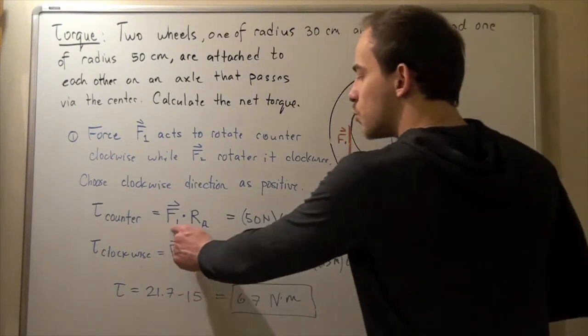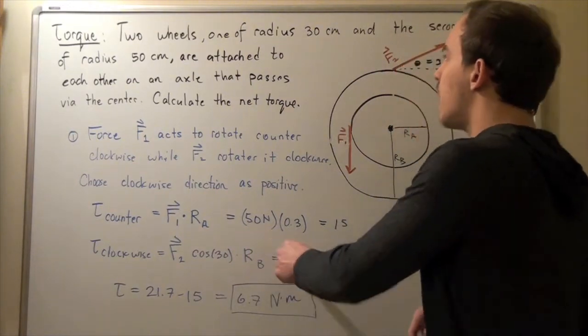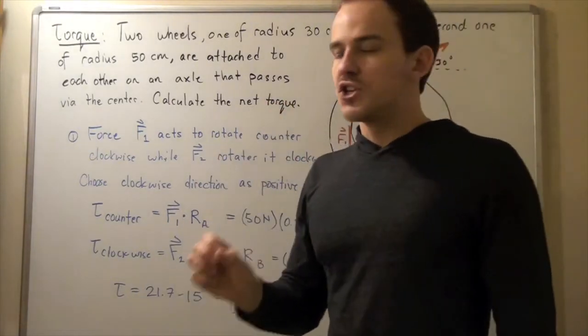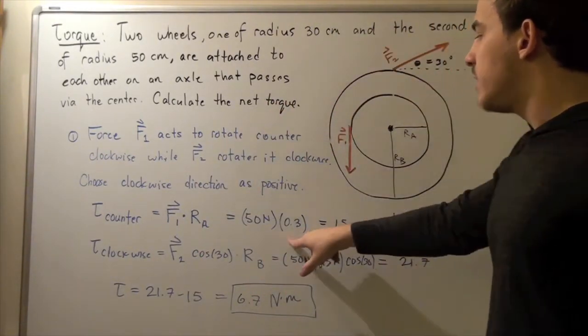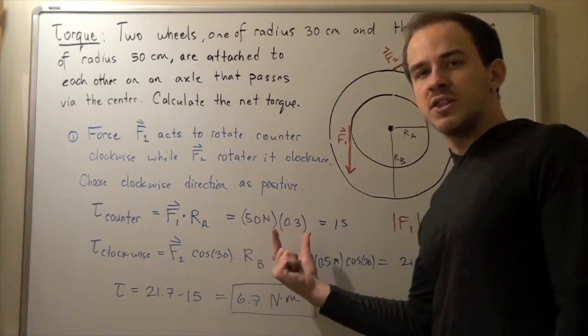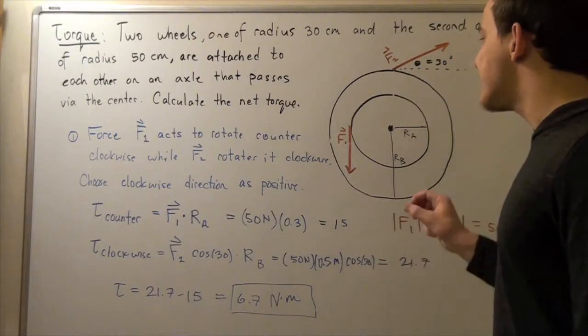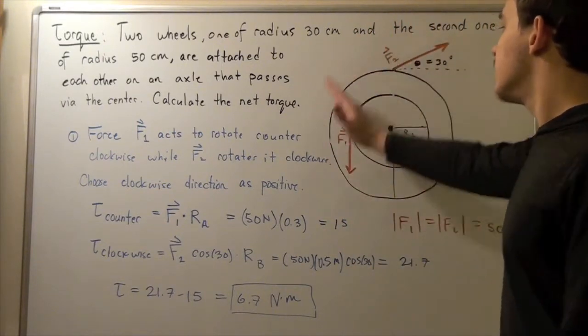So force 1 multiplied by the lever arm equals 50 newtons multiplied by 30 centimeters, but we want meters, so we divide by 100 and we get 0.3. So 50 times 0.3 is 15. This is my torque that's acting in the counterclockwise direction.